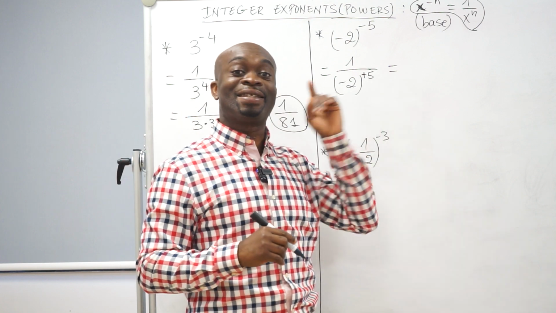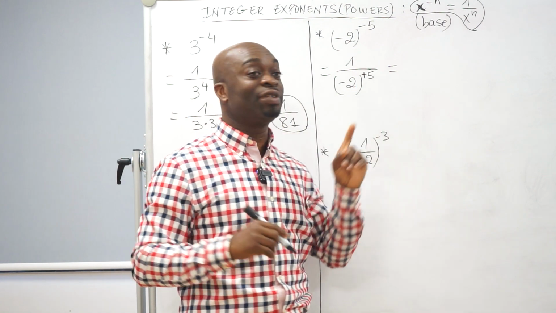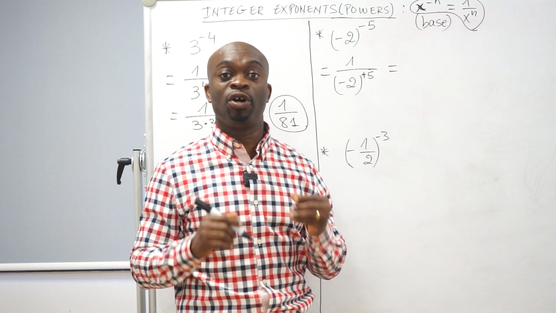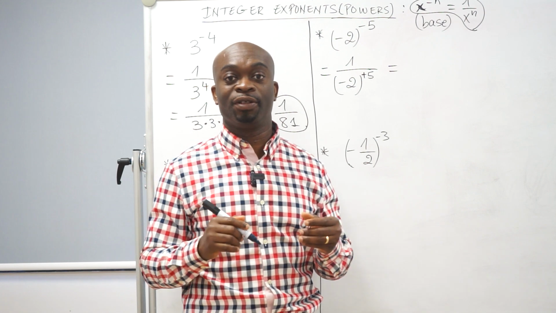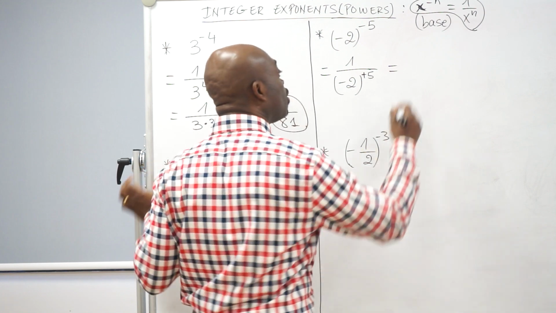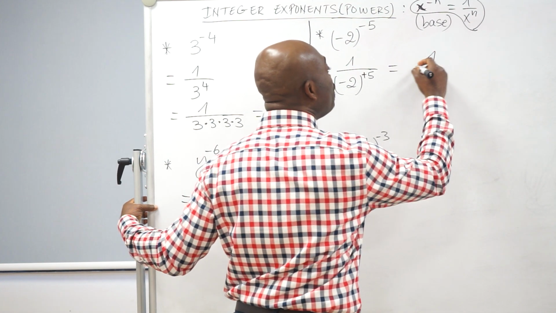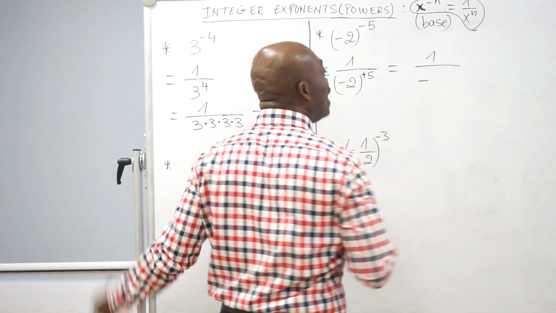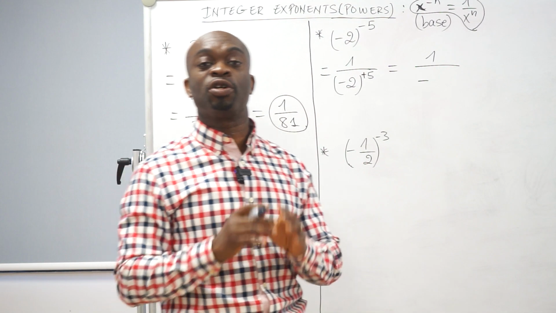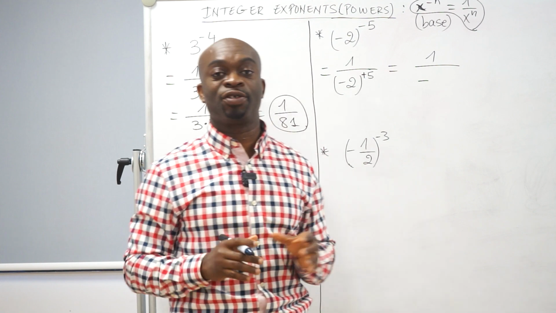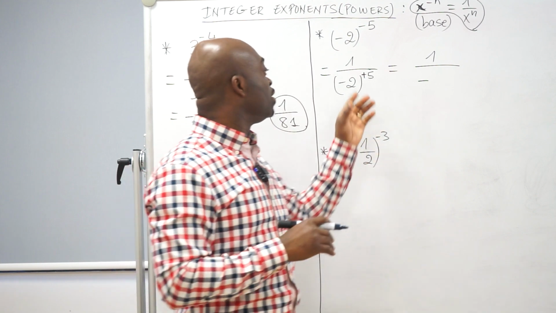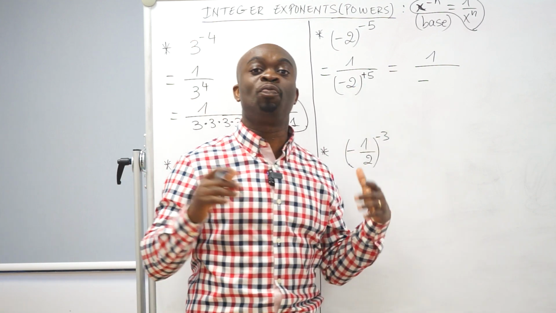Automatically the sign is retained as a negative number as your final answer. So that means I already know my answer is going to be a negative number. Now the next thing is to do 2 to the power 5.